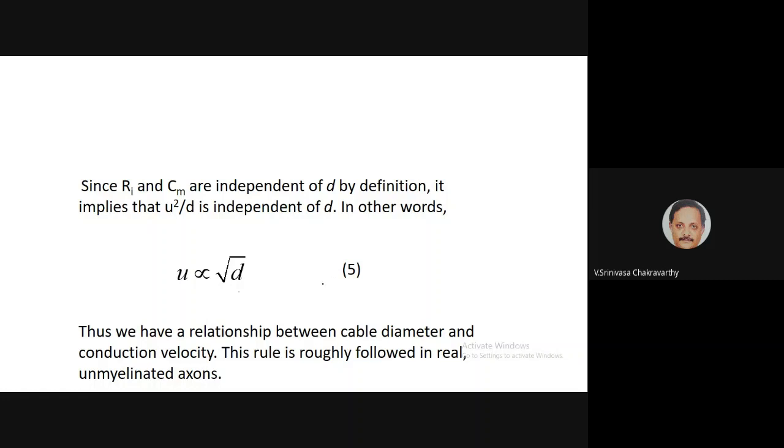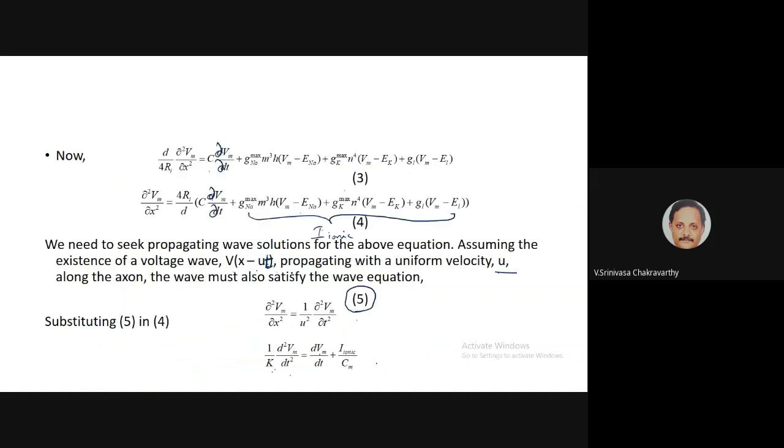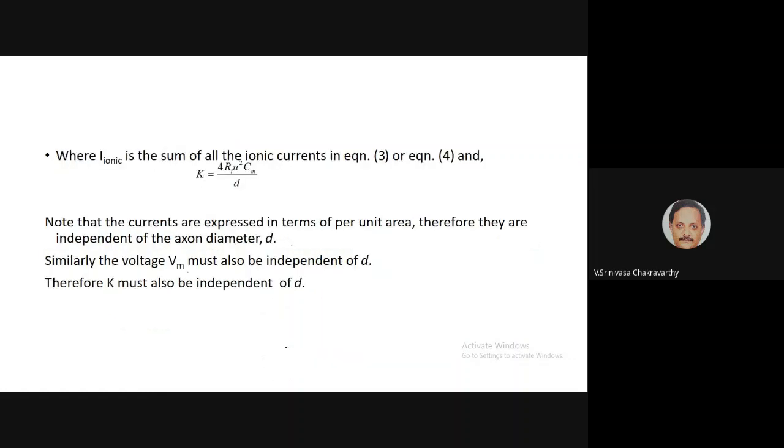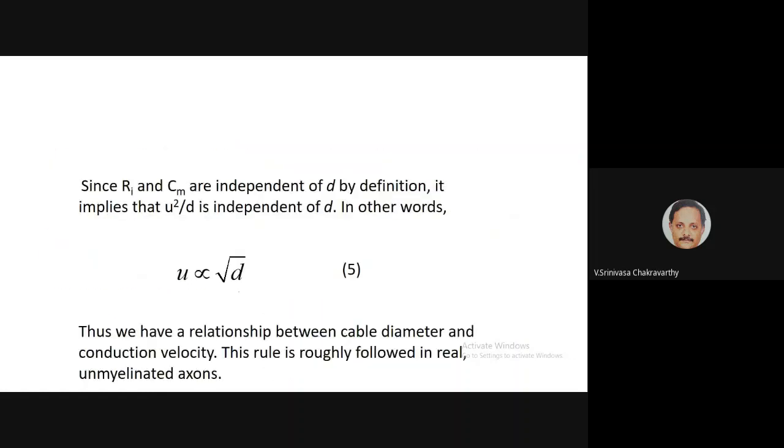Whereas in the case of the dendrite there is no real propagating wave, only in a very contrived, restricted sense, in the case of the axon there is no problem. There is actually a propagating wave which is experimentally observed. Although the equation doesn't show that, since experimentally it is there, we made this other assumption, derived this property of k, and from that we got that u is proportional to the square root of d.